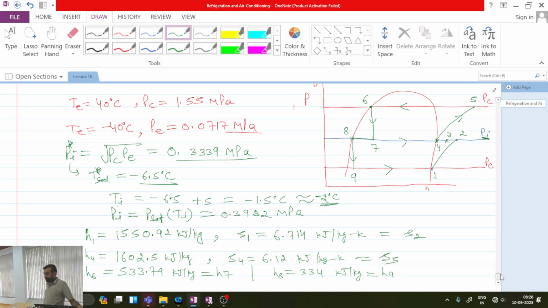So first, whenever you go to the superheated table, try to locate the pressure of 0.3339 megapascals. Are you able to locate it? From the superheated table. Got it? Now, corresponding to this pressure, you have to see where the value of entropy is close to 6.714.